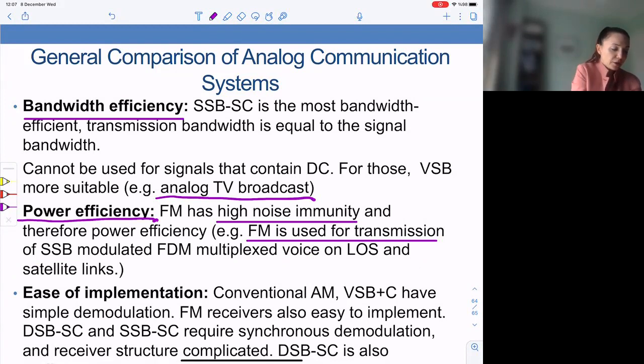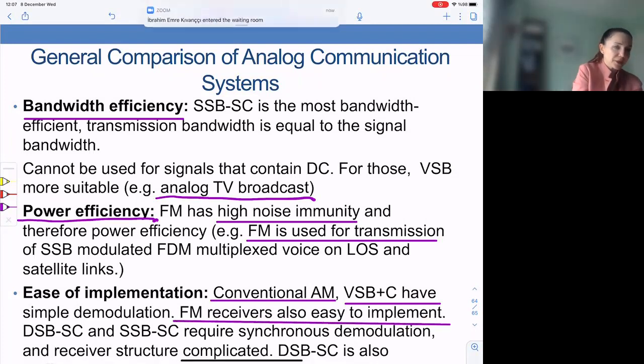Now, in terms of ease of implementation, FM is probably not the easiest, although it comes close. Conventional AM is easy because of its easy demodulation. Vestigial sideband with carrier also can be demodulated similarly with an analog detector. So those are clearly easy, but FM receivers aren't that hard either.